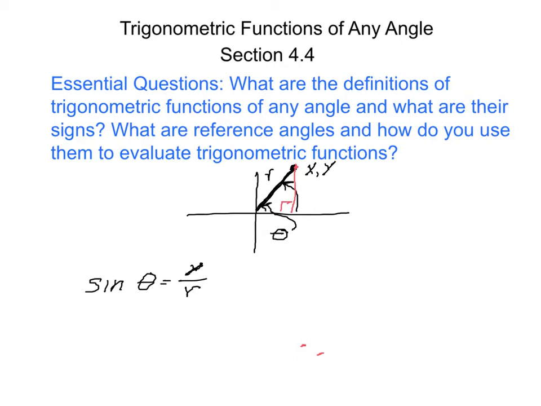But in this case, r is not equal to 1, so sine is equal to y over r. Cosine, similarly, will be equal to x over r. And tangent, therefore, would be equal to y over x.